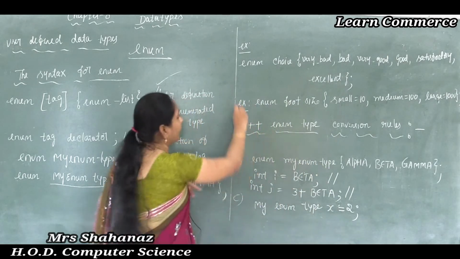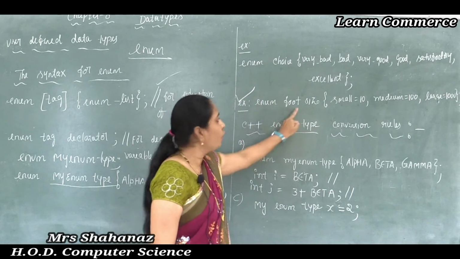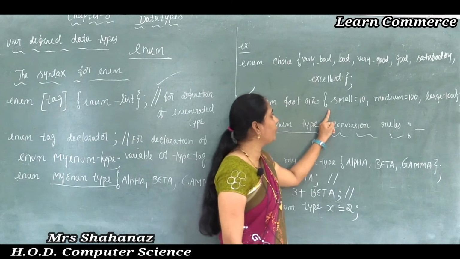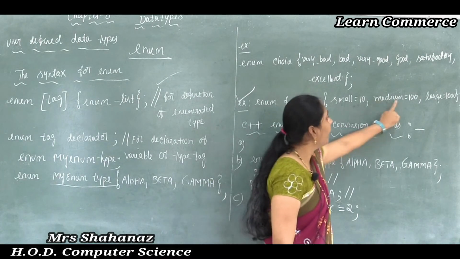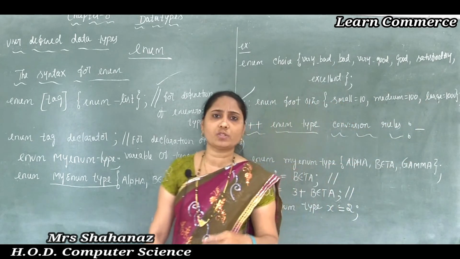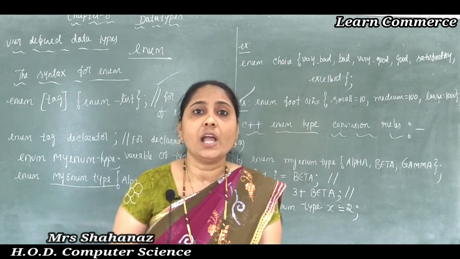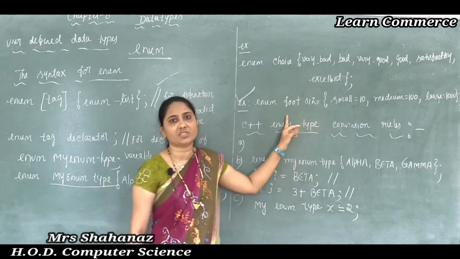But what about in this example? In this example, enum foot size, opening flower bracket, small is equal to 10, comma, medium is equal to 100, comma, large is equal to 1000. So here we can say that we can also provide explicit values for the enum constants.